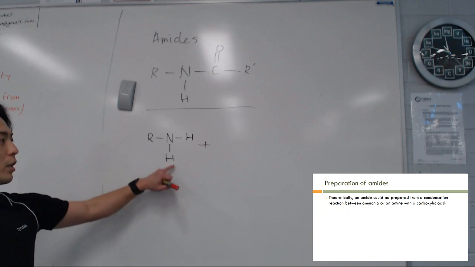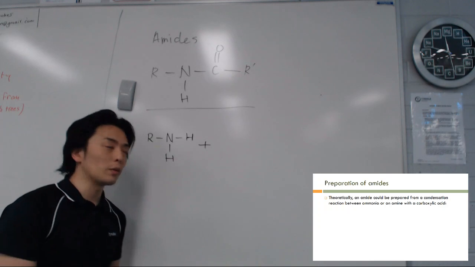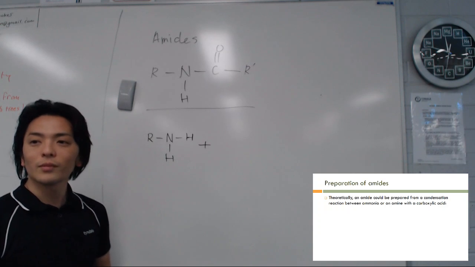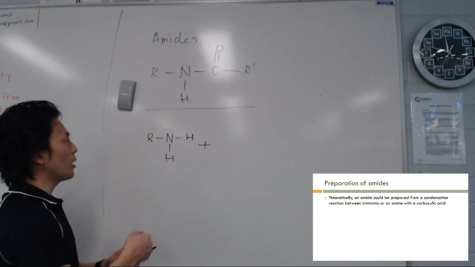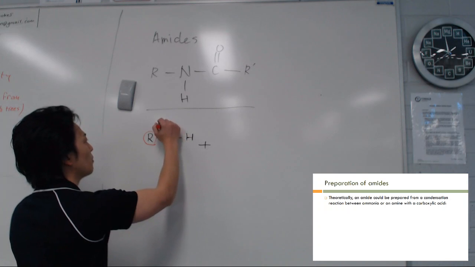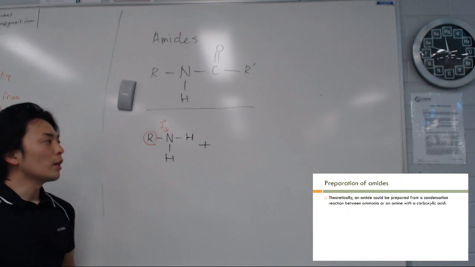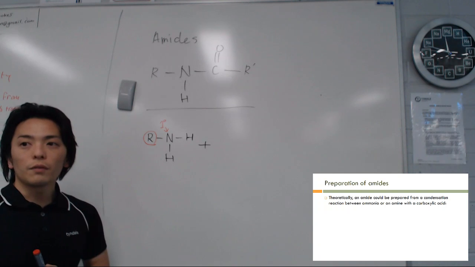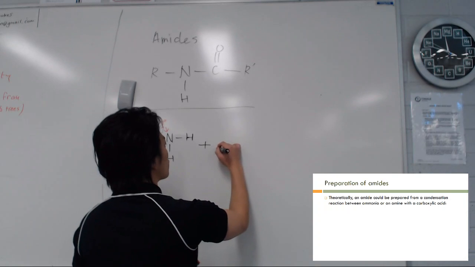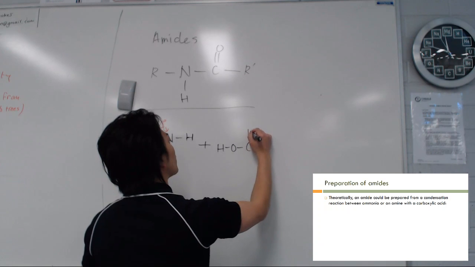Nitrogen here, 2 hydrogen. What's the classification of this amine? Primary. There's only 1 carbon. So that will be just a bit of revision there. So primary amine. And if you have a carboxylic acid, I'll reverse the usual look. So HO here, R1 here.